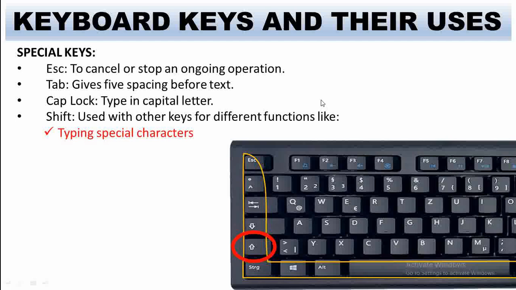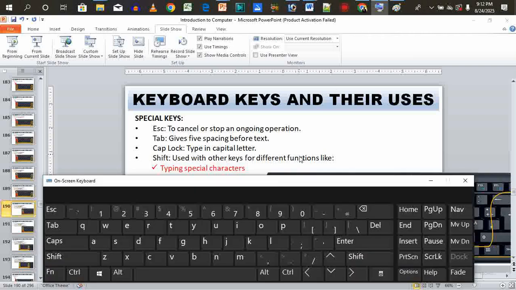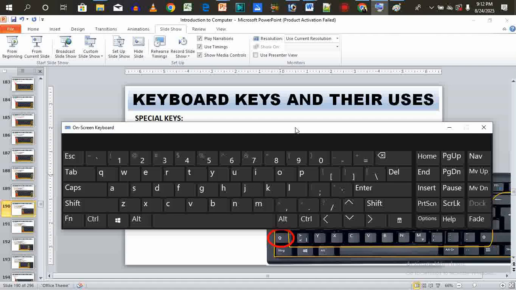Let me bring the on-screen keyboard again for us to be able to understand it better. So this is an on-screen keyboard. We can see under 1 we have the exclamation mark, under 2 we have the at symbol, at the top left corner. Under 3 we have the hash, which means under each of the numbers we also have some other character.